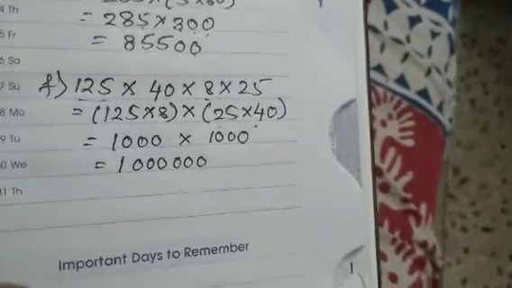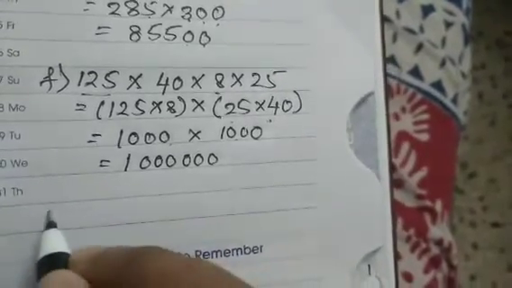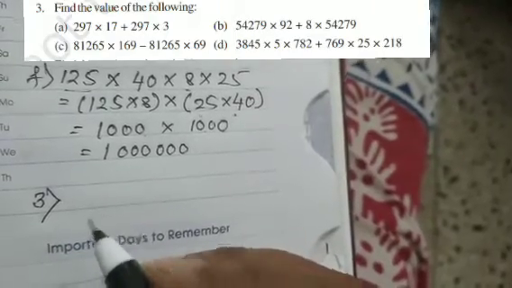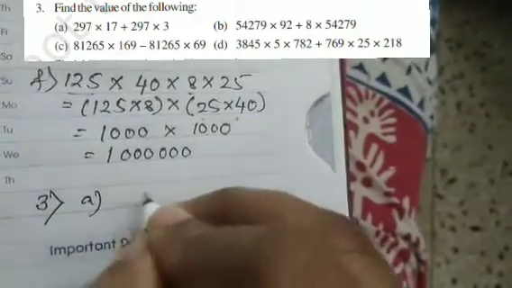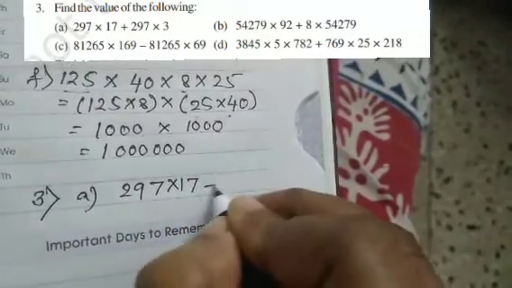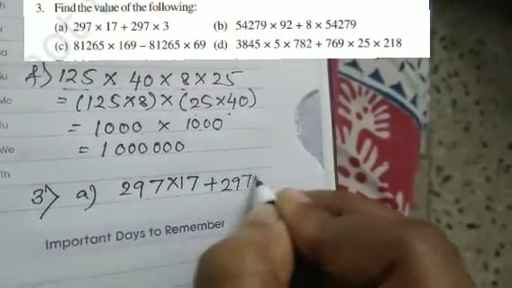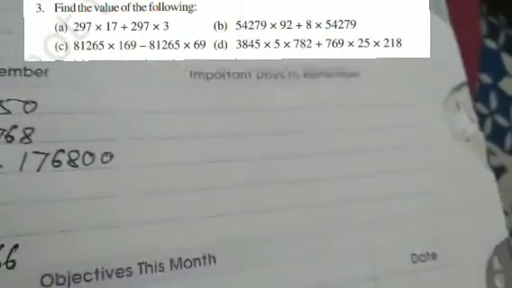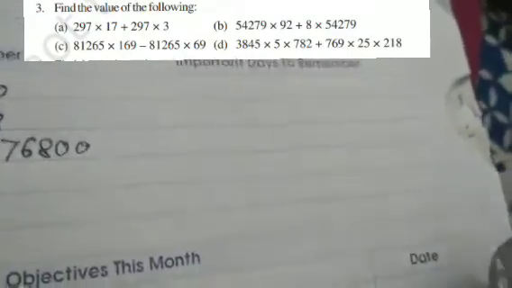Next, coming to question number 3. What does question number 3 state? Find the value of the following. Part A is 297 into 17 plus 297 into 3. We had earlier done a video on how to work with brackets, so in that case we have done this.